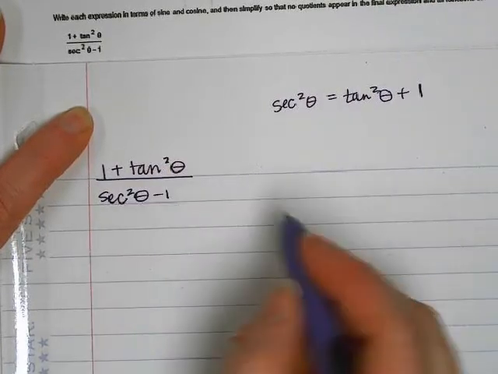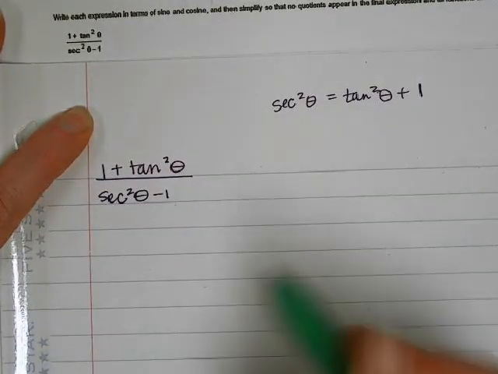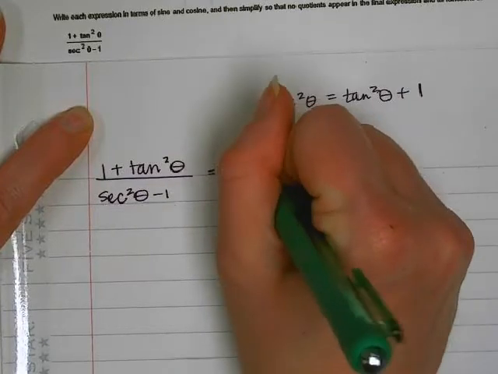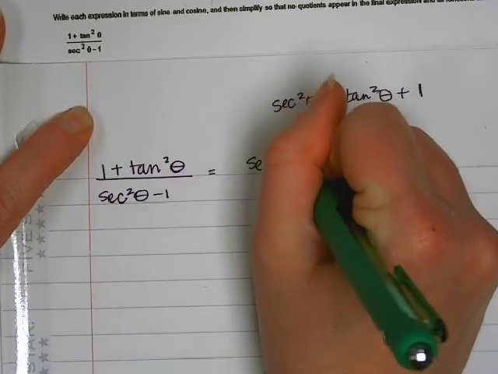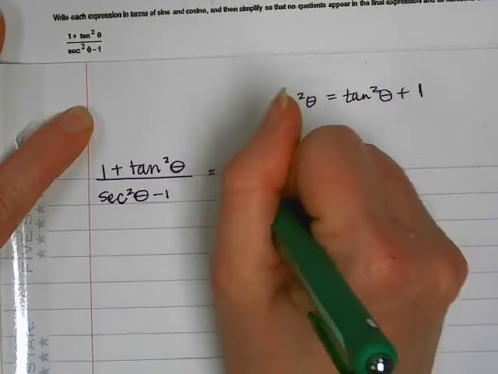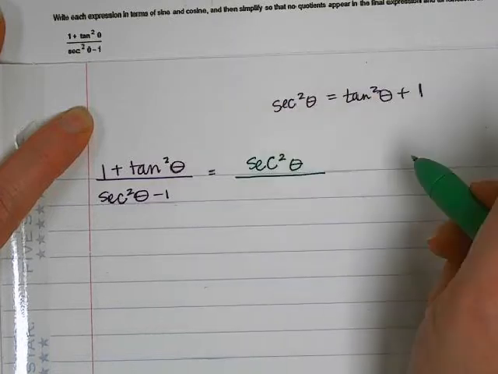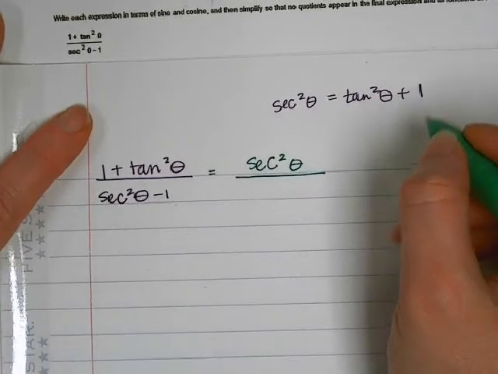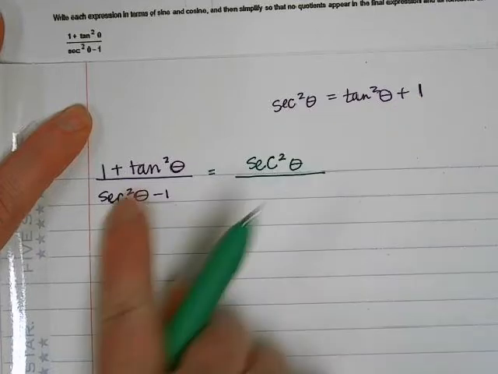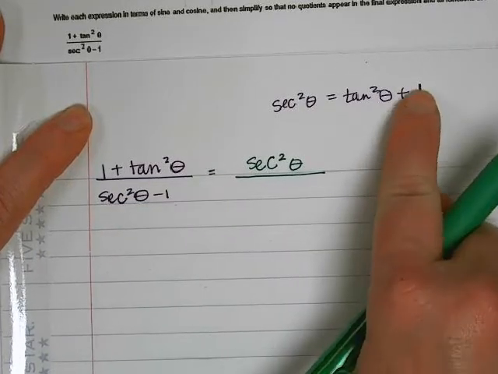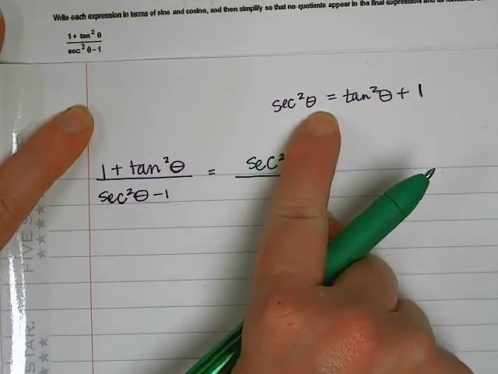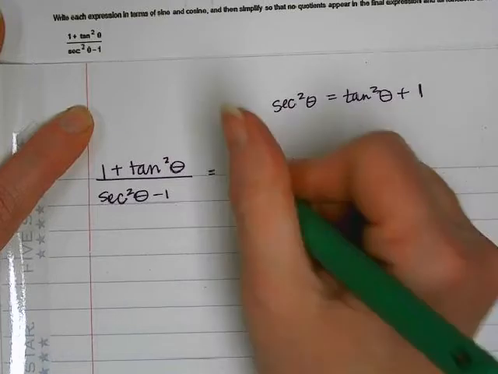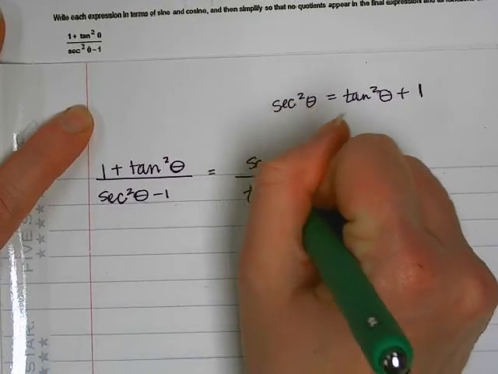So I can replace the top with secant squared theta. You can also change that to 1 over cosine, and I will in just a second. But if you look at this, secant squared theta minus 1, if I move this plus 1 over, that would be secant squared theta minus 1. So this is tangent squared theta.